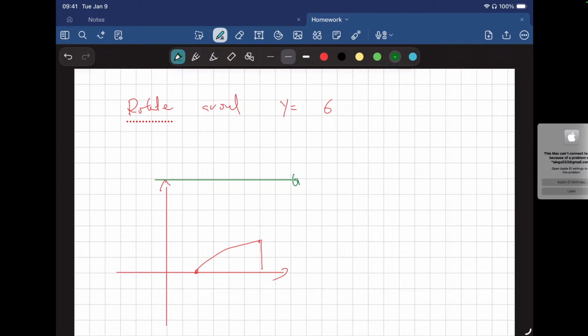Did you guys have this so far? I just want to make sure the drawing's correct. 6, then you lose it. We're rotating on y equals 6. I know, but like when you put in the equation.